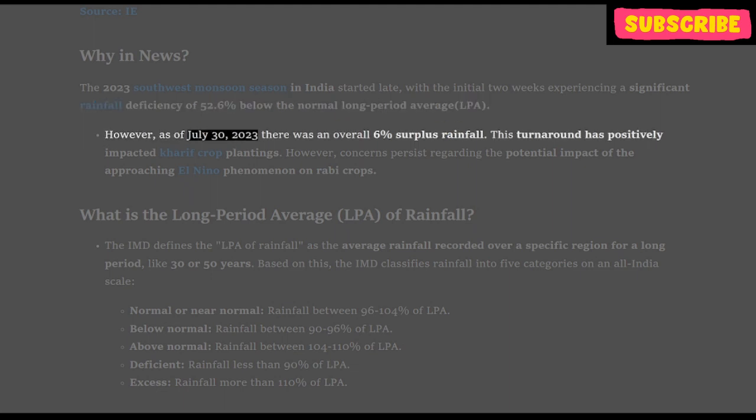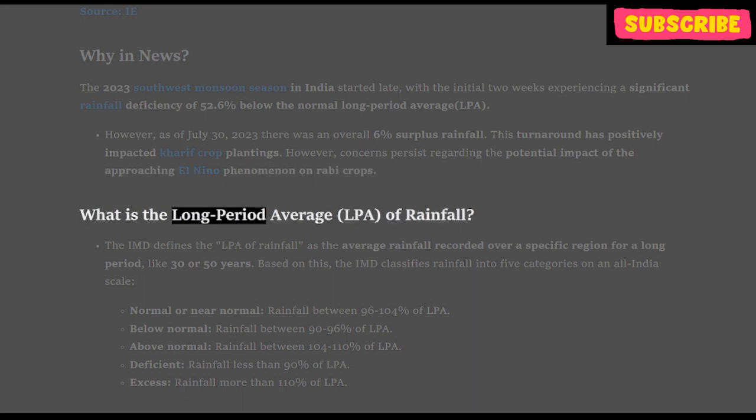However, as of 30th July 2023, there was an overall 6% surplus rainfall. This turnaround has positively impacted Kharif crop plantings. However, concerns persist regarding the potential impact of the approaching El Nino phenomenon on Rabi crops.